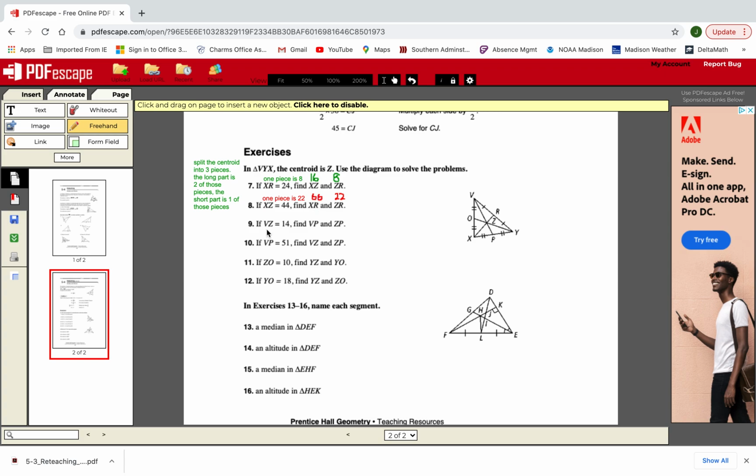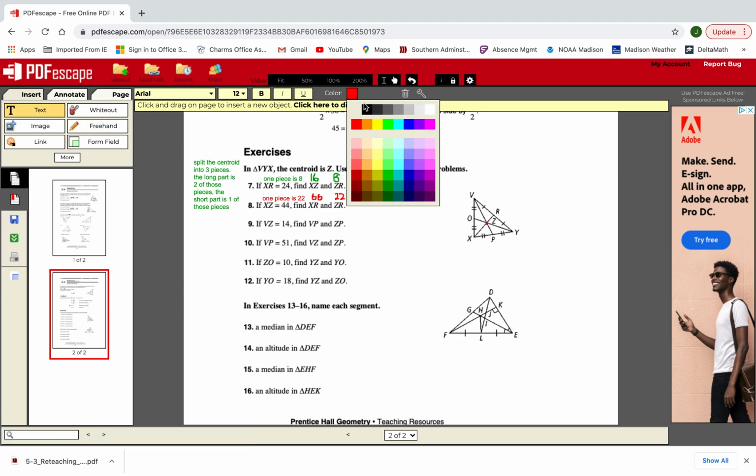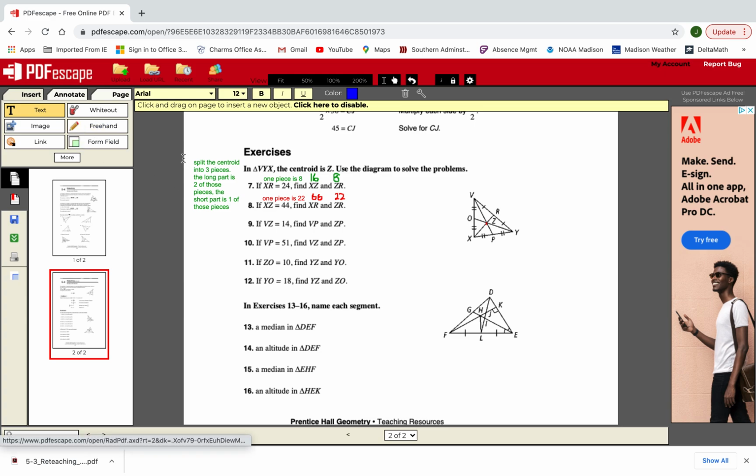Okay? All right, so looking at 9, this tells you that VZ, which is the long part, is 14. Go to blue. The long part is 14. So 1 piece then is 7, because the long part is 2 of the pieces.